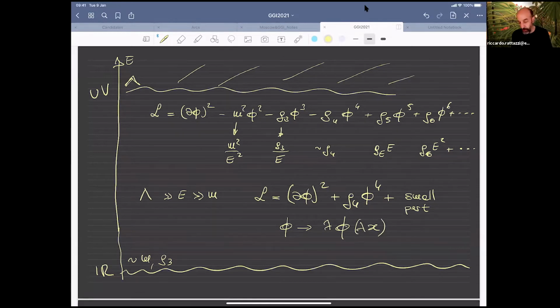You can check that the action is invariant under this transformation, okay? Given any field configuration, you simply rescale coordinates and rescale fields in such a way that the action is invariant. So particularly if you have a solution of the equations of motion, just working classically with this Lagrangian, you do a transformation like this, you get another solution. So this is a symmetry.